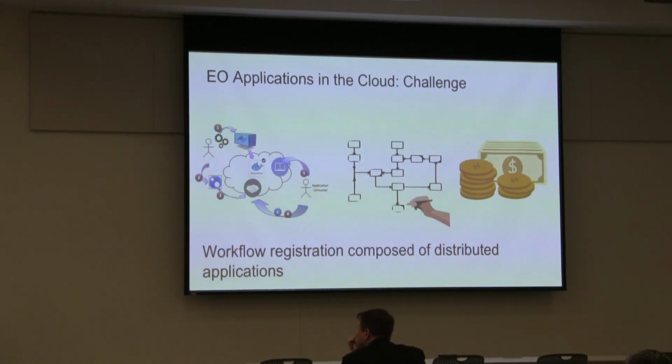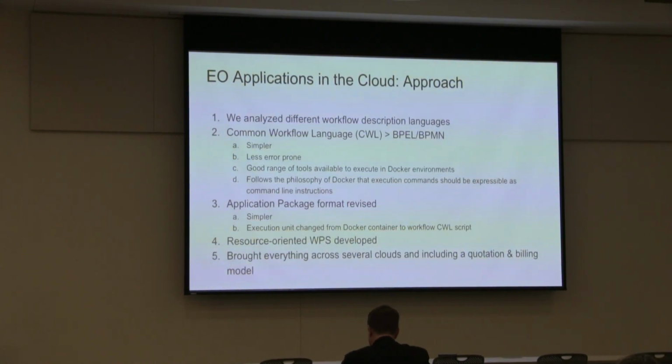So in addition to moving from that local machine and having only one cloud, can we move to a more distributed environment and have an execution plan, also thinking about the costs related to that plan execution. So basically we have two major challenges. One is to describe these workflows as a sequence of applications and understand that each of these could be executed in a different cloud.